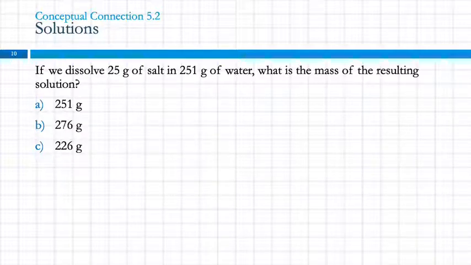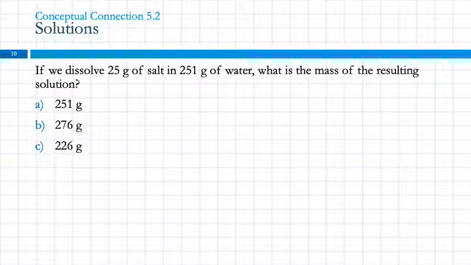Here's a conceptual connection. If we dissolve 25 grams of salt in 251 grams of water, what is the mass of the resulting solution? Do not overthink this. 25 grams of salt and 251 grams of water, what's the mass?